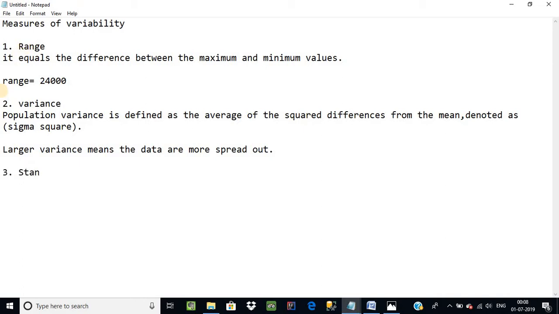Standard deviation. This term will come across most of the important concepts in machine learning when you deal with classical statistics in machine learning.